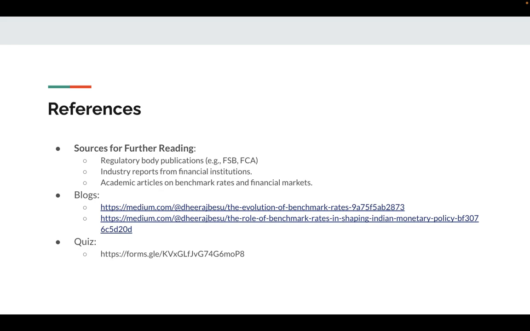There are regulatory publications from the Federal Reserve, publications on SOFR, Bank of England publications on SONIA, and European Central Bank information on Euro STR. There are industry reports as well, which analyze the major financial institutions and their impact on benchmark transitions. There were academic papers as well that study interest rate benchmarks and the financial market implications.